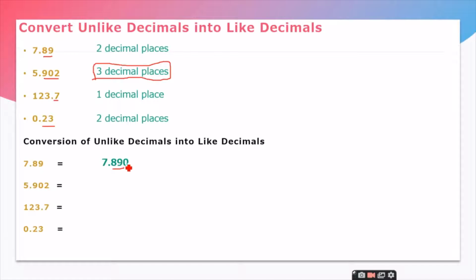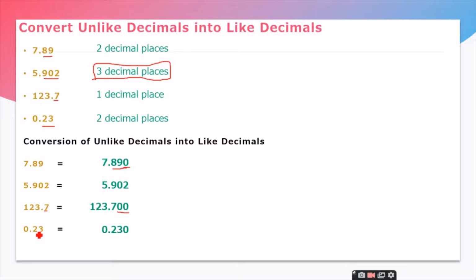In the second one we have 5.902. It already has 3 decimal places, so we just write it as it is. In the third one we have 123.7. We have 1 decimal place and we have to make it 3, so we just add two 0s to the right to make it like decimal.